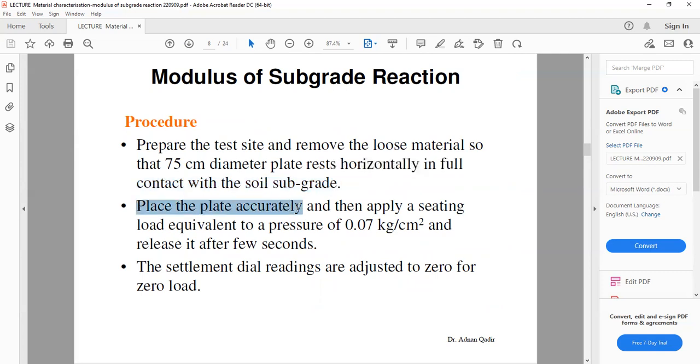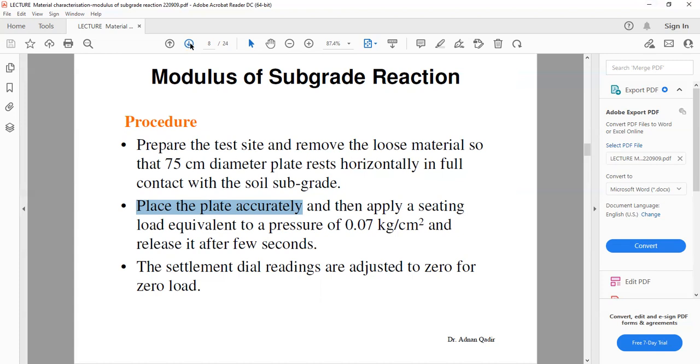We place the plate accurately, then apply the seating load so that the plate comes in contact with the soil, and release it once the plate gets seated on the soil. And at the same time, we set all the dial gauges to 0 for a 0 load.